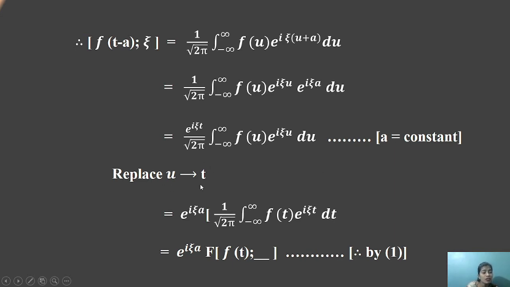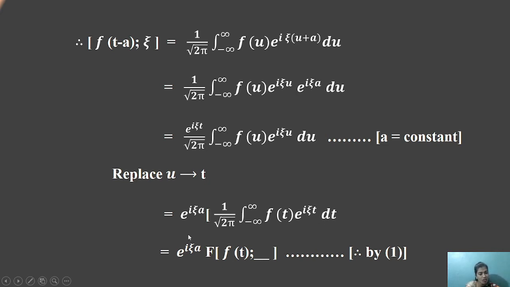Then replace u by t. Why replace it? Because the function is given in that form. So we get e to the power i xi a, times the bracket 1 upon square root of 2 pi, integration from minus infinity to infinity, f(t) e to the power i xi t dt.